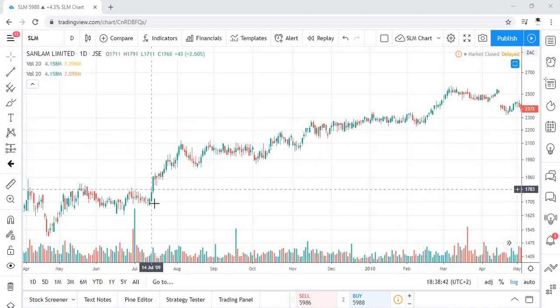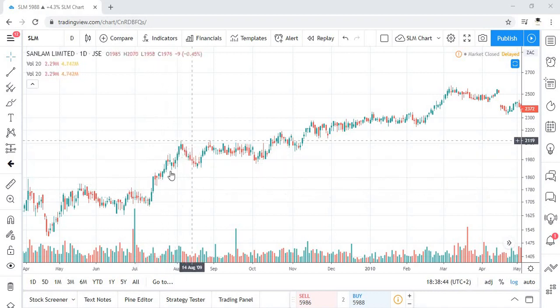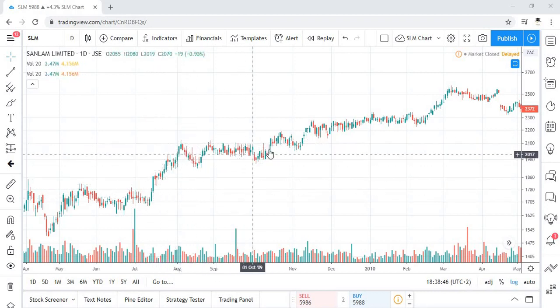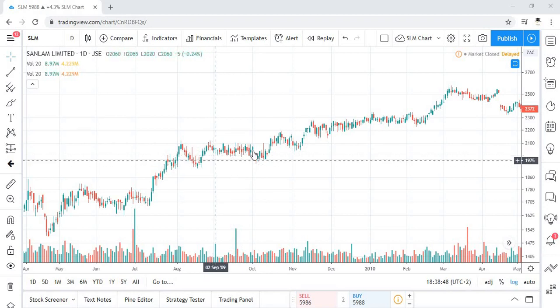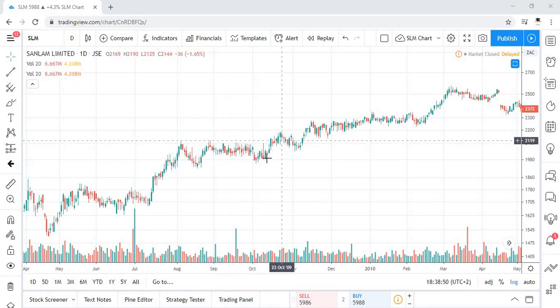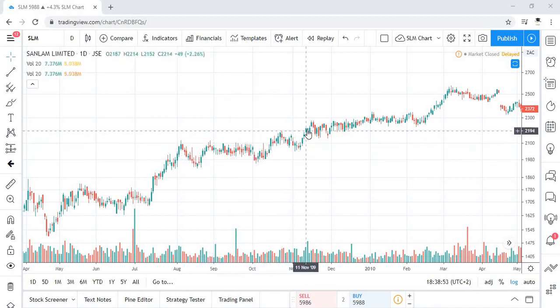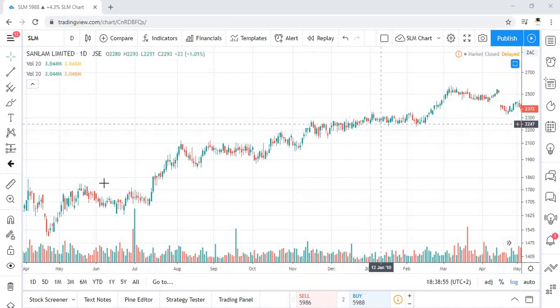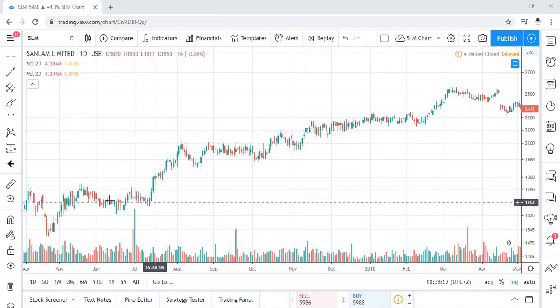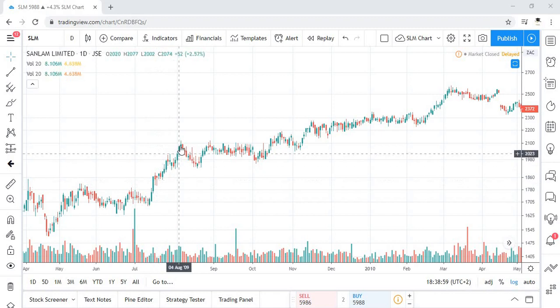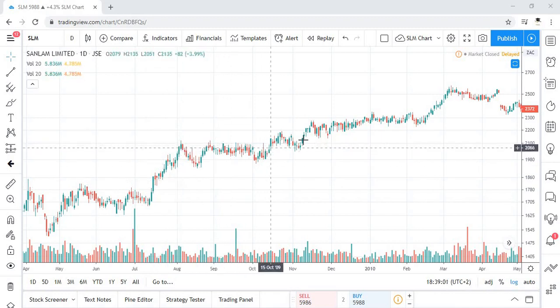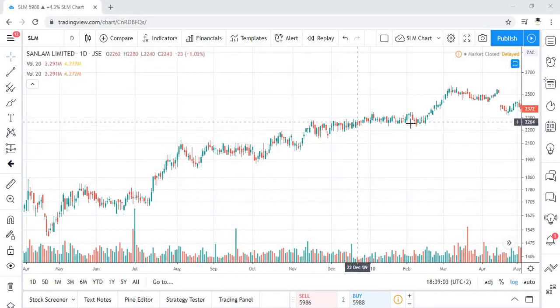So you can see that it moved rapidly here. We can see that this was markup phase. Then it went into a sort of a reaccumulation phase. But then it was advancing slowly. So this was from accumulation to markup, then reaccumulation with slow advance.